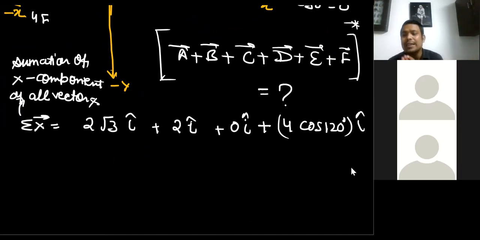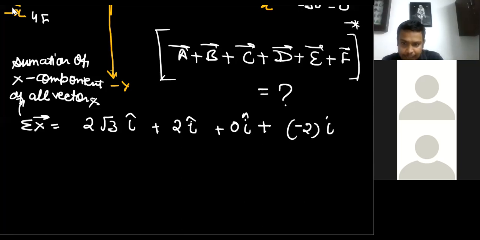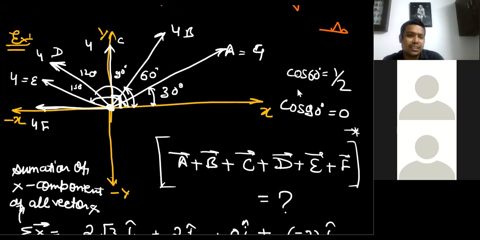So cos 120 degree is what? It is 180 minus 60, and cos 60 is 1 by 2. So we can write it as minus 2 I cap. Clear?